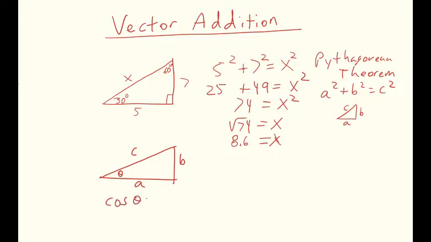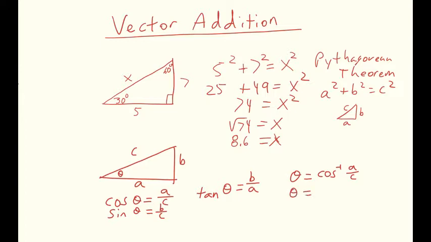The cosine of that angle would be A divided by C. The sine of that angle would be B divided by C. And then the tangent of that angle would be B divided by A. If you wanted to find the actual number of that angle, you could say the inverse cosine of A over C, the inverse sine of B over C, or of course the inverse tangent of B over A.